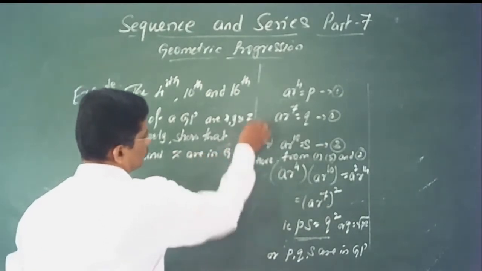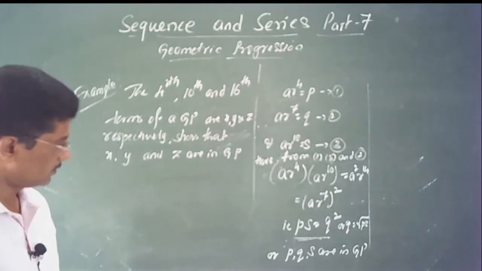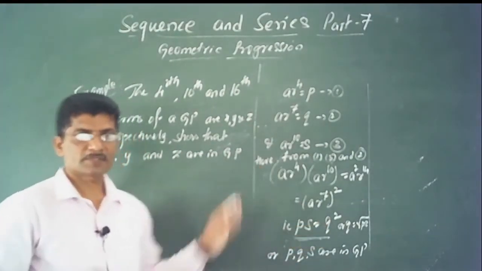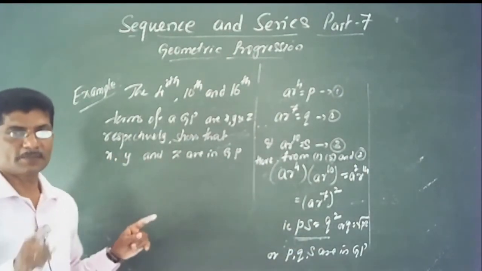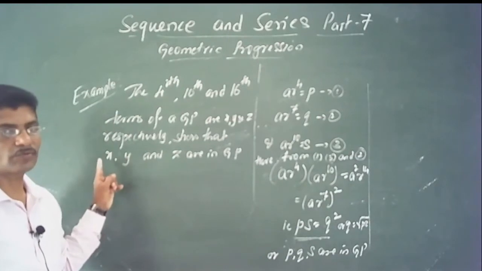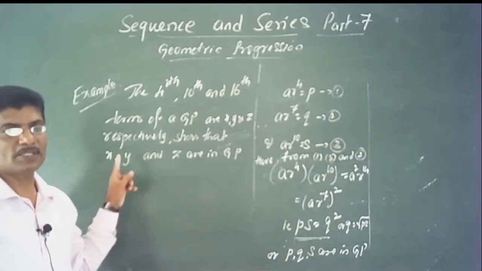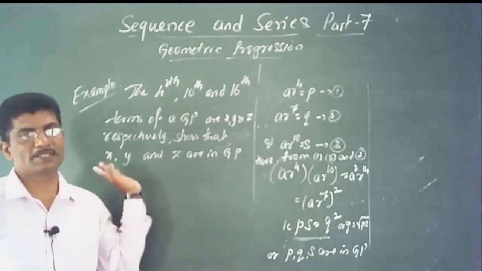The same question, but the data are different. We are not asked for the relations. By the definition, x, y, z are in GP. It means prove that y is the geometric mean between x and z. It means y is equal to root of xz, or y square is equal to x into z.